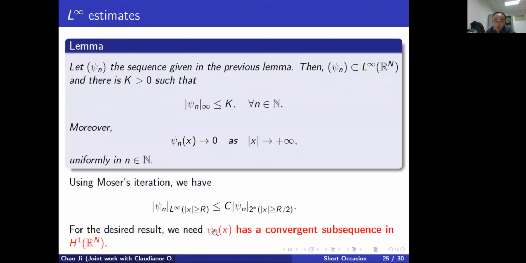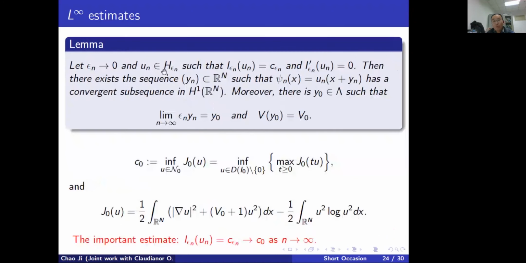So we need a compactness result. Phi n of x has a convergent subsequence in H1 of Rn. So this phi n has a convergent subsequence in L2 star of Rn. In order to prove this result, we need this lemma.